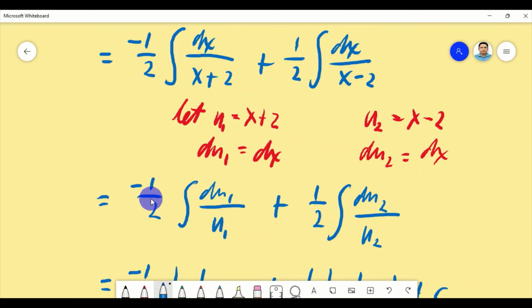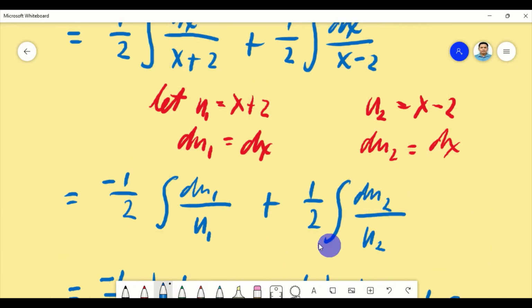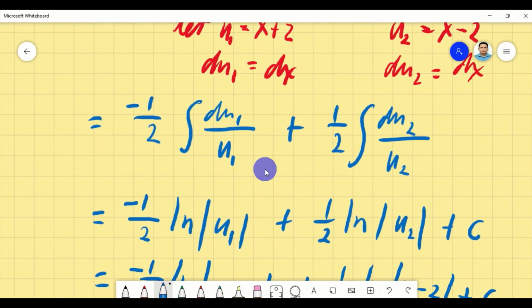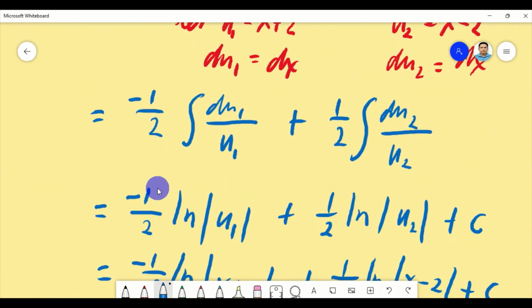You get the derivative. Then we replace your dx with du sub 1. So that's the reason why you have here negative 1 half times the integral of du sub 1 over u sub 1 plus 1 half times the integral of du sub 2 over u sub 2. Now, you've learned in our previous lesson that whenever you have an expression of this form, the integral is the natural logarithmic function of u sub 1.